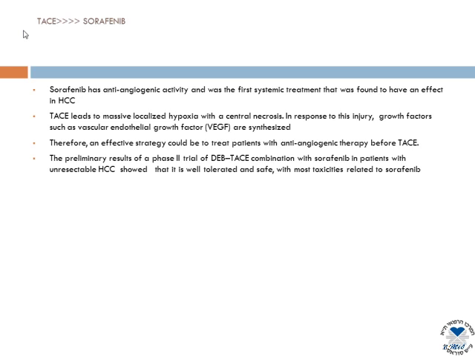So we can coordinate treatment with sorafenib in order to prevent VEGF from promoting cell and tumor growth after TACE. For example, after performing chemoembolization, we can place the patient on sorafenib 3 weeks after the procedure, when there's the peak of angiogenesis, in order to address that.